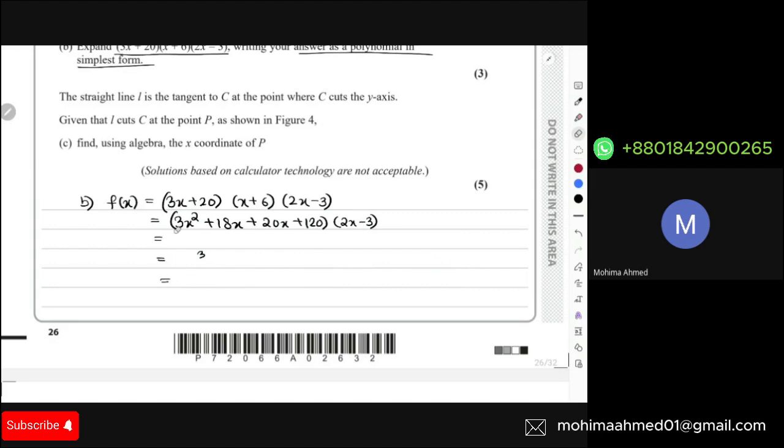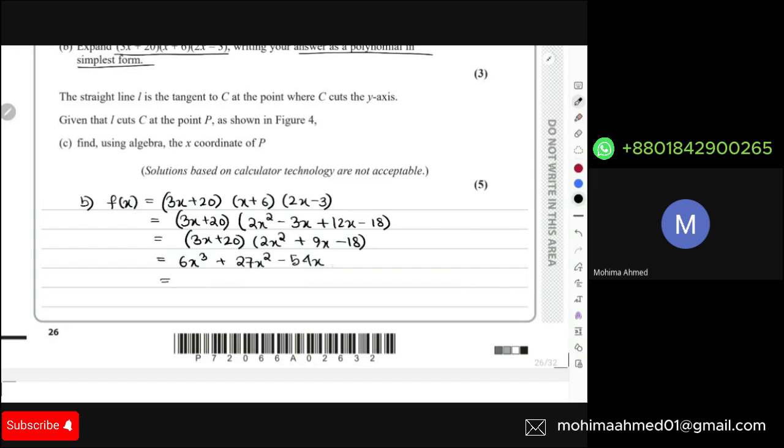Maybe I should just start with this one. Sorry, one minute. I'll just keep this 3x plus 20 for the left part because they have large numbers to work with. You get 2x squared minus 3x plus 12x minus 18. So you get 3x plus 20 and then 2x squared plus 9x minus 18. And again from there, 3 multiplied with 2 is 6x cubed. 3 with 9 is 27x squared, and 3 with 18 leaves you with minus 54x.